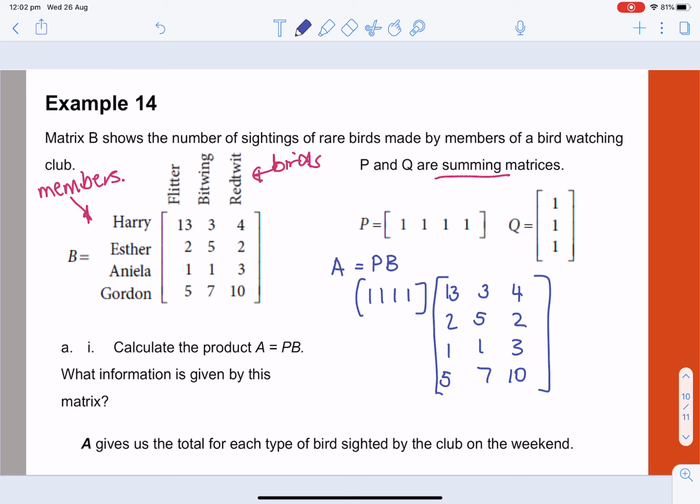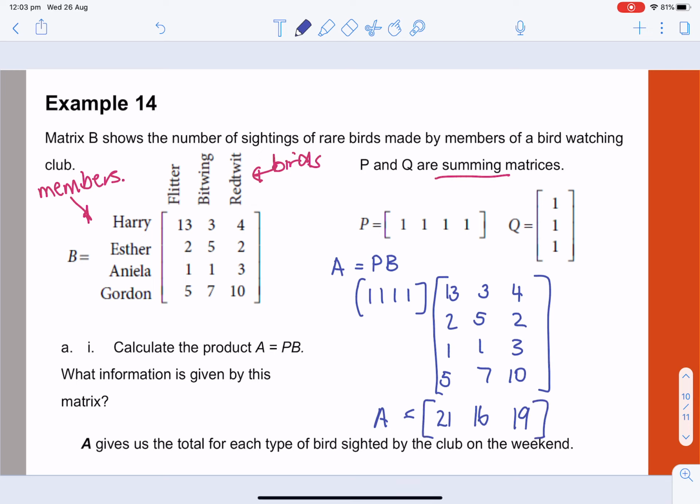So when we multiply by a row matrix, we add the columns. So adding them together, and I end up with 21, pop it directly underneath, 21, 16, and 19. Put my brackets around that.